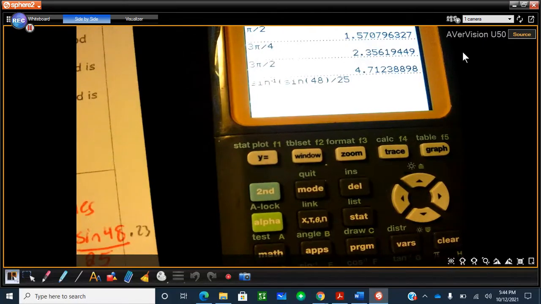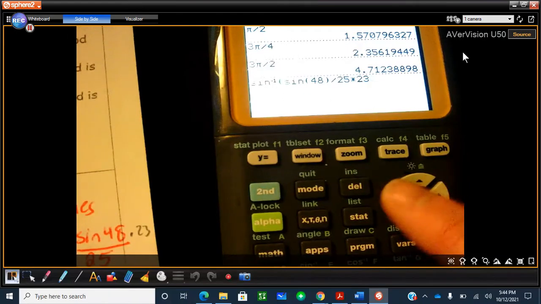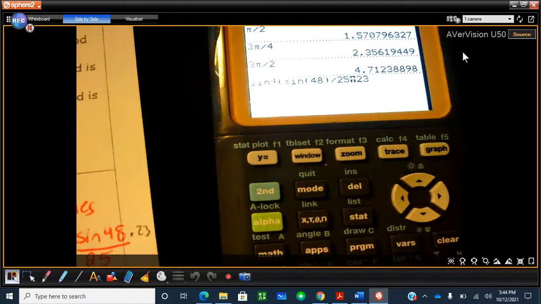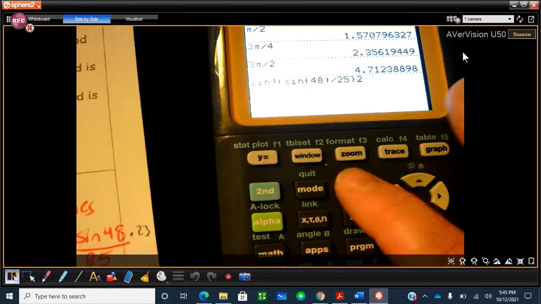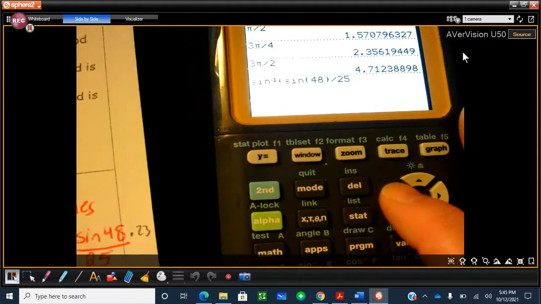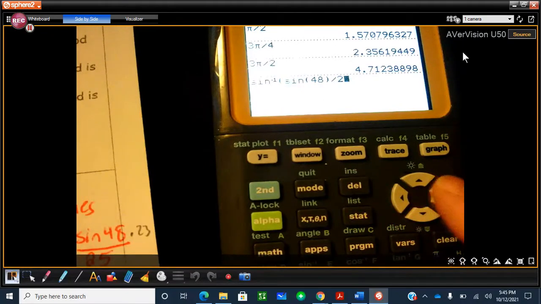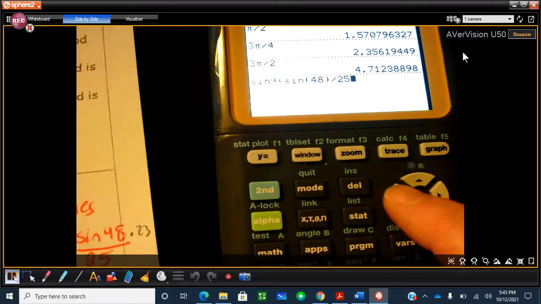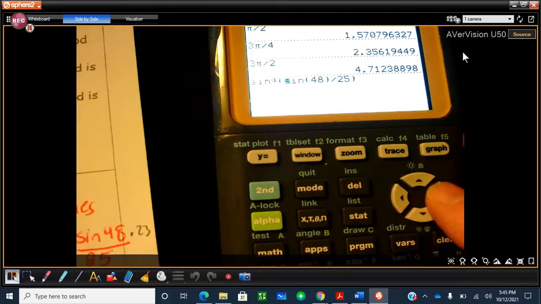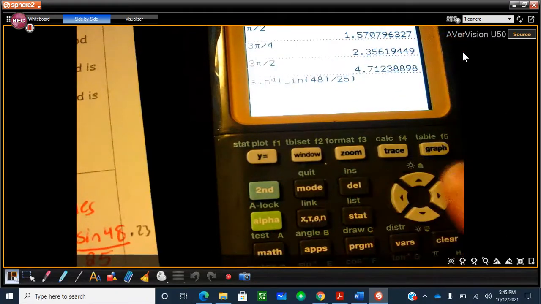Now the Desmos looks a little bit nicer, and I don't think you have to put in as many parentheses. So let me see, delete. It's being a little fussy about my use of parentheses here, so I need to put this in parentheses. And now I can times it by 23.